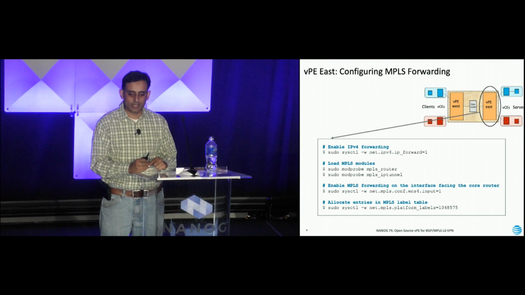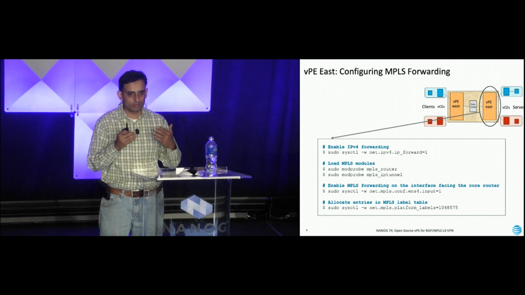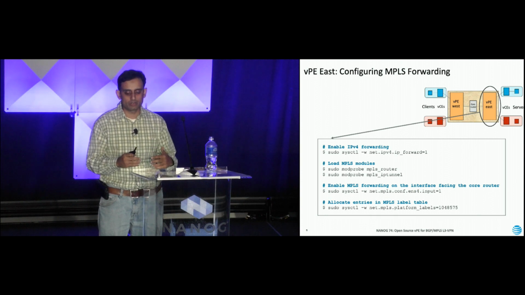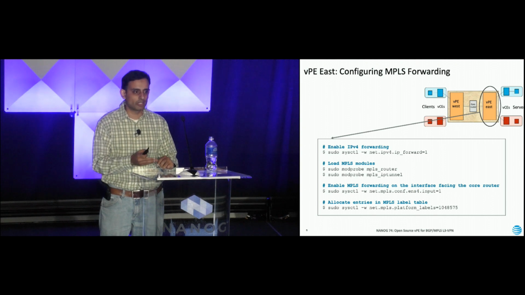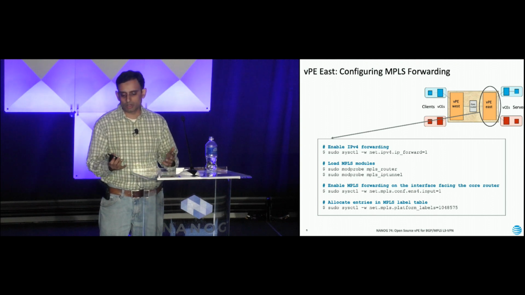So this first slide shows how you enable MPLS forwarding on Linux itself. These are the set of commands that we need to run on every box to enable MPLS forwarding. Here I am showing them for VPE East, but similar commands were run on the other two boxes. The first command is to enable IPv4 forwarding.